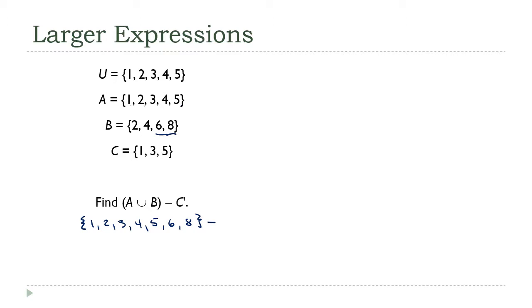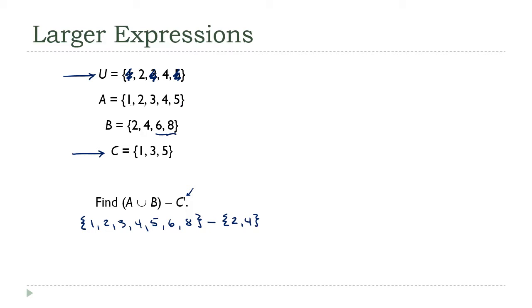Minus, and it's a little hard to see sometimes, but there's a little complement symbol up there. What is the complement of C? I've got my universal set, and I'm going to take out everything in C. So I'm going to take out 1, 3, and 5, and what's left is 2 and 4.